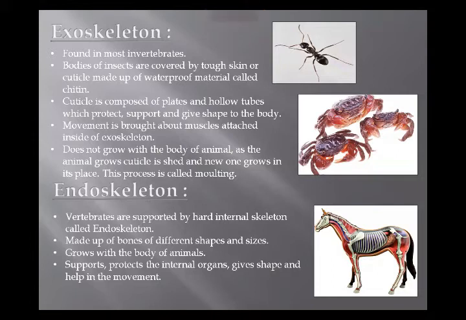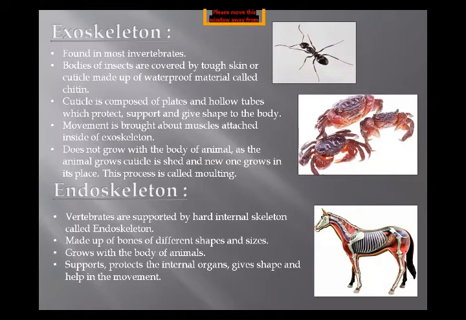Here I'm saying to you that it protects the internal organs inside the body. There are many systems which are soft and delicate and they need protection. That's why the bones protect these soft organs.